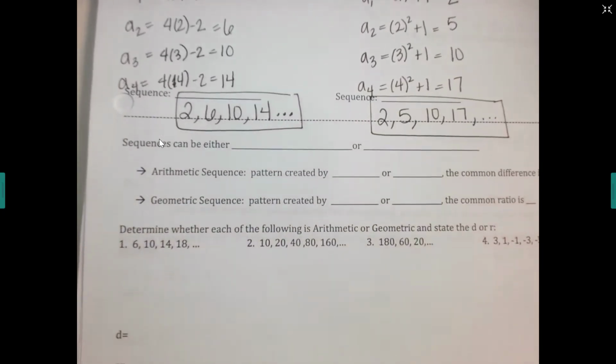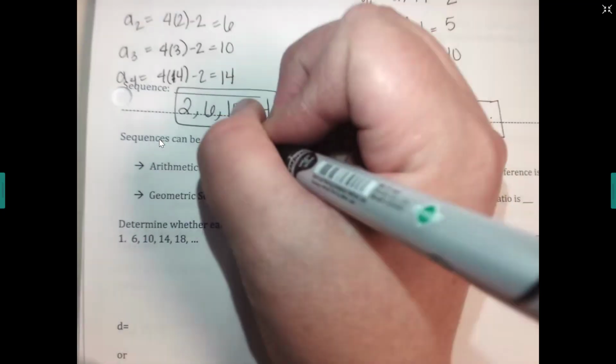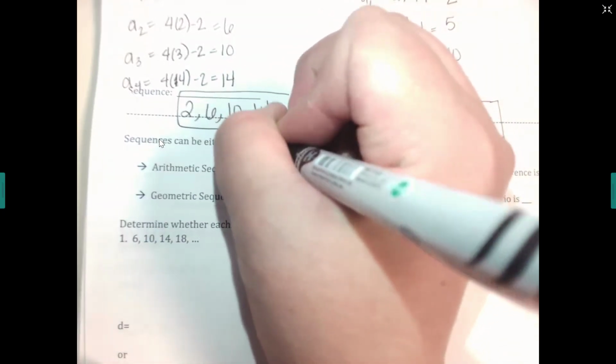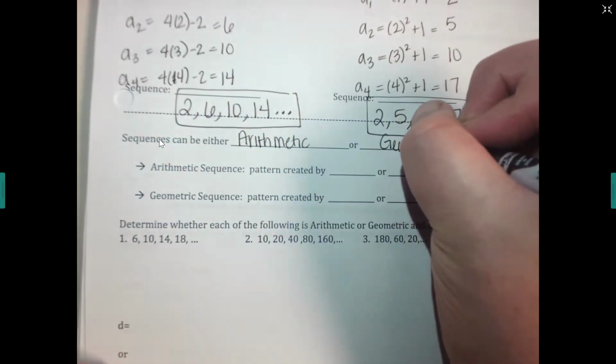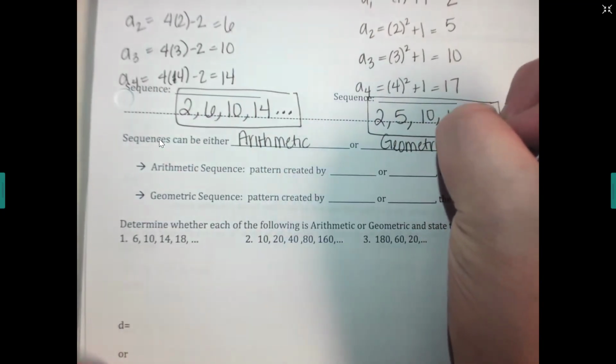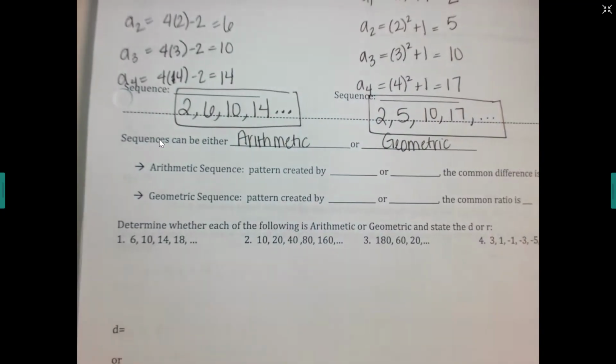Now, your sequences, there are 2 types. You have arithmetic and geometric. The way that you'll know if your sequence is arithmetic or geometric is based on what type of patterns the numbers have.